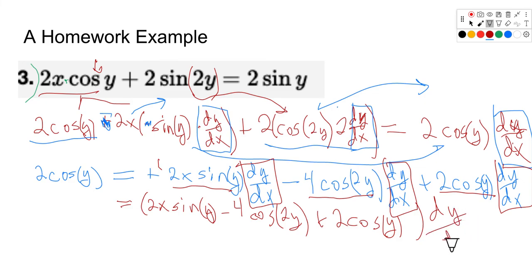And I always have to do a check on myself. I say, okay, now if I distribute it back, oh, that's what I got. Undistributing feels a little weird, because we're used to distributing things to simplify. But we're undistributing, and that's all 2 cosine y.